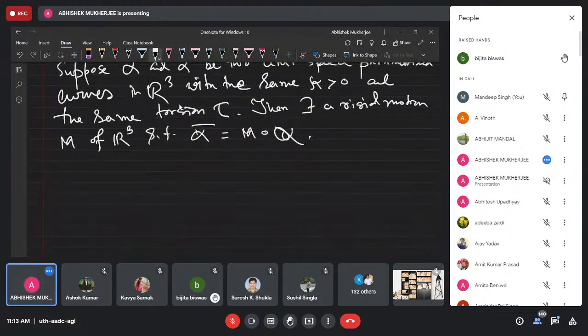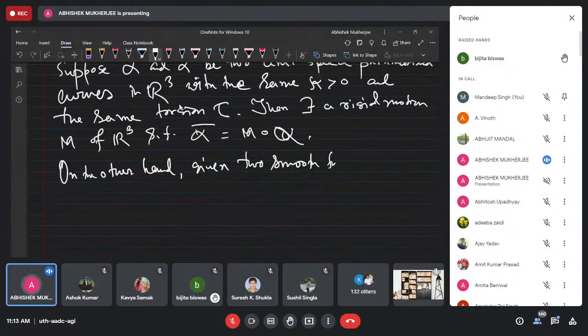On the other hand, suppose you have two smooth functions. One is kappa greater than 0 everywhere, and tau.